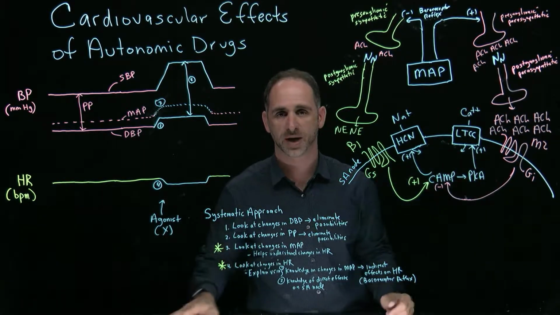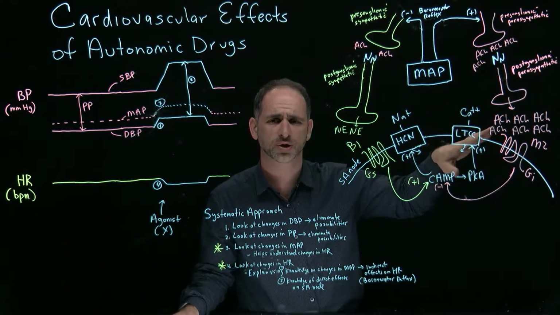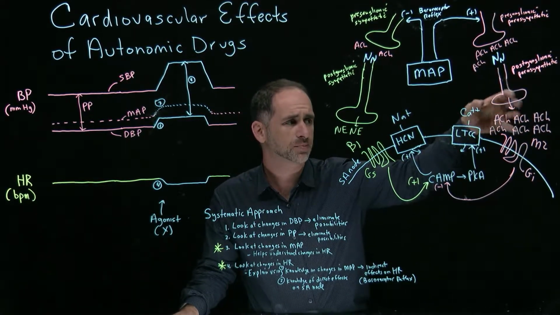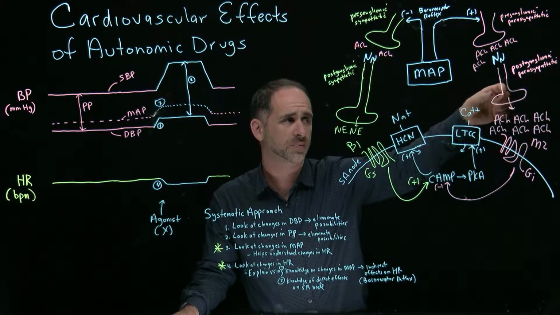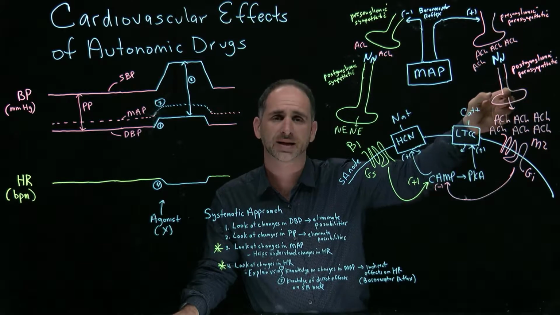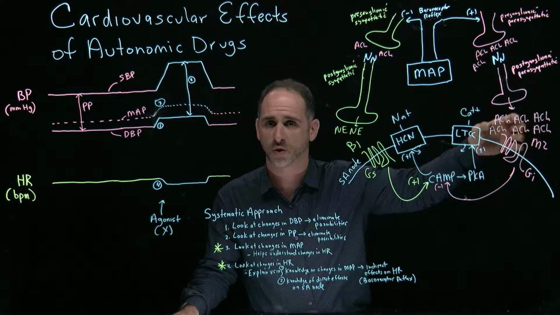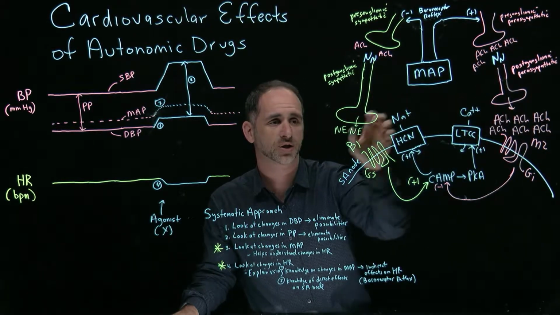So this is the parasympathetic-sympathetic antagonism, opposite effects on the heart rate, and it's through their signal transduction pathway going in the opposite direction. What I have also shown is there's more acetylcholine being released from preganglionic to postganglionic and postganglionic onto M2. So there's a lot of acetylcholine here compared to norepinephrine.